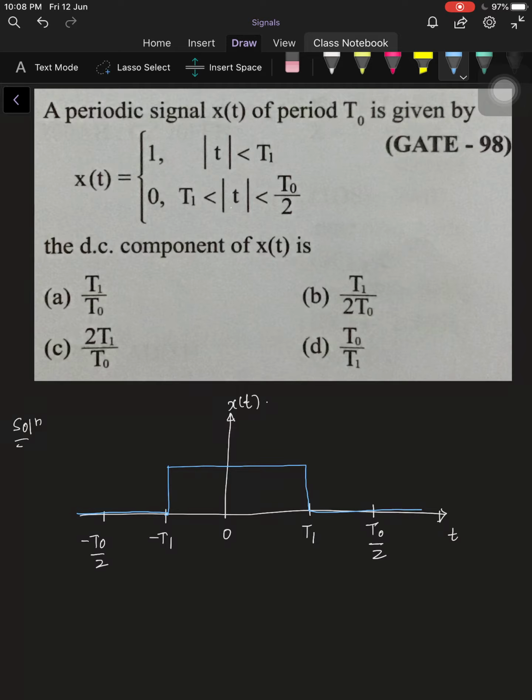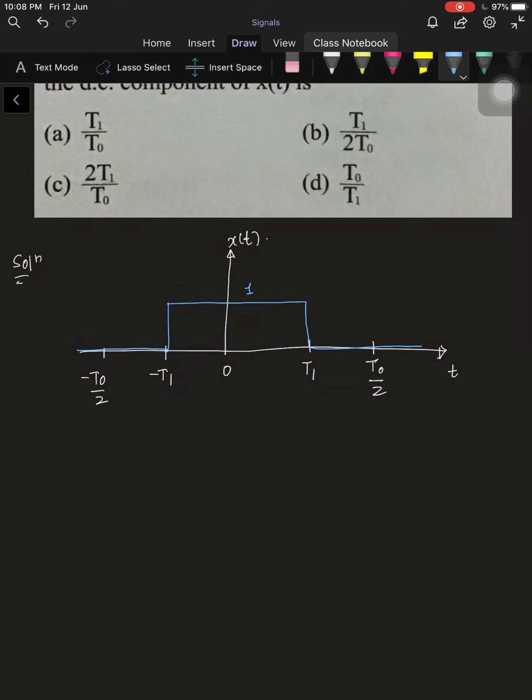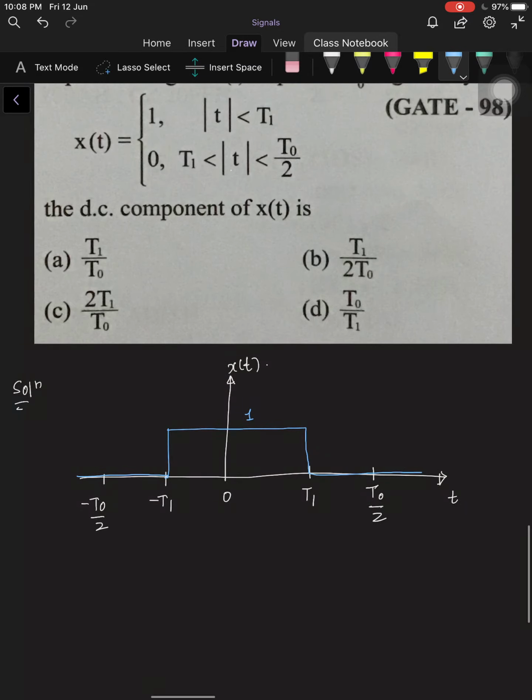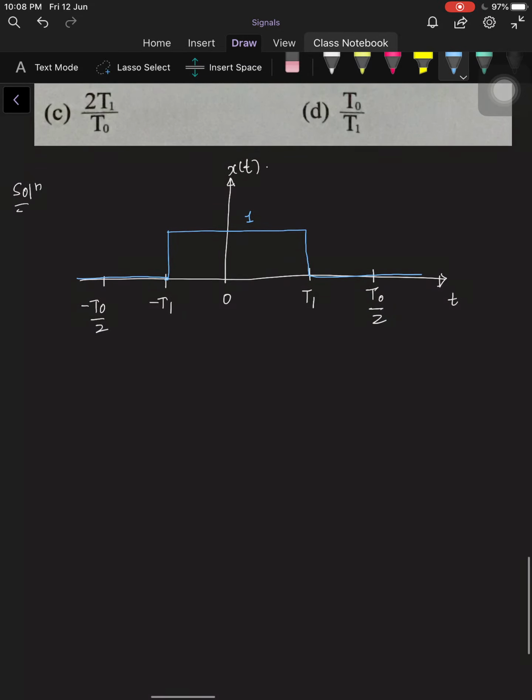So what is asked? The DC component of x of t. Now we know from the Fourier formula, what is the DC component?